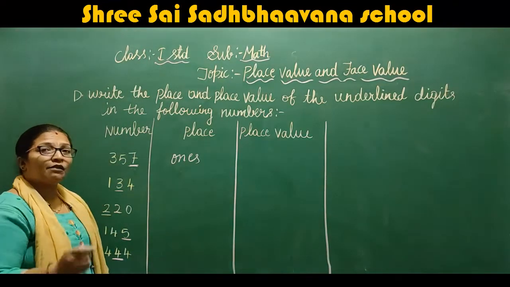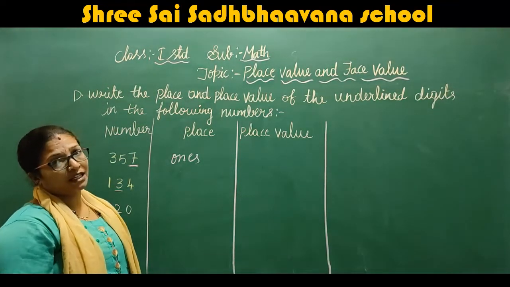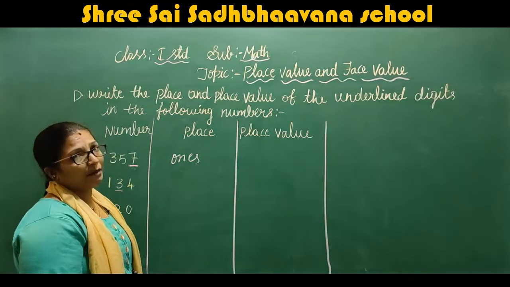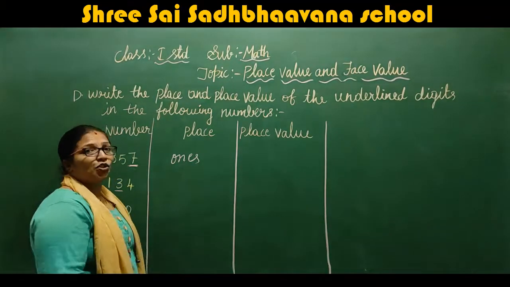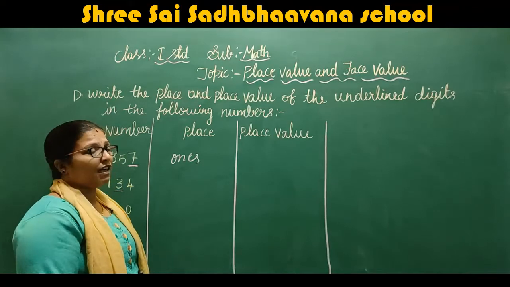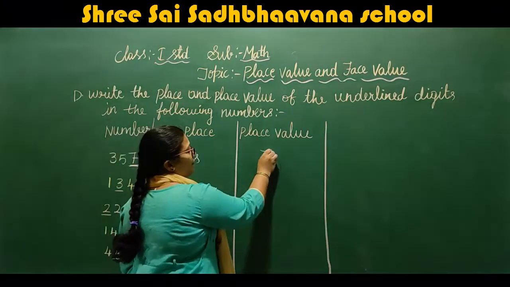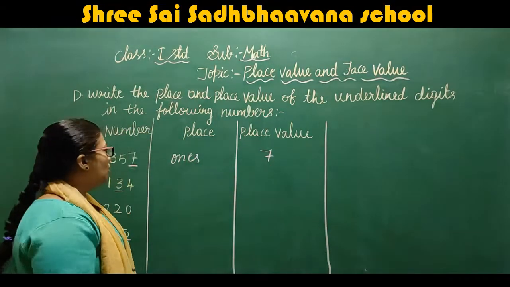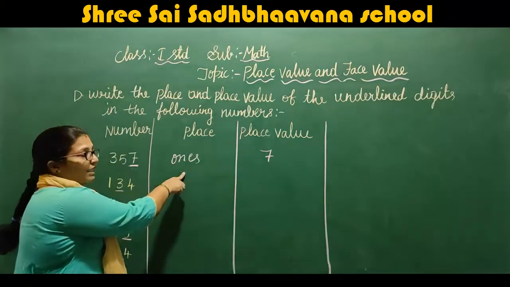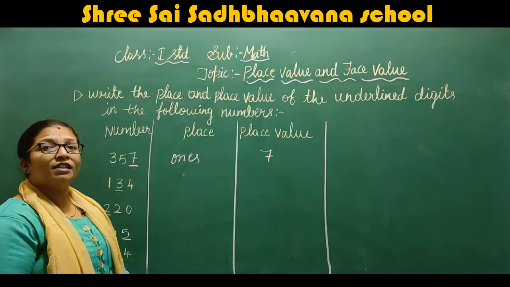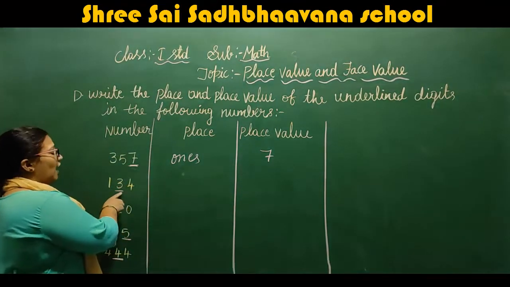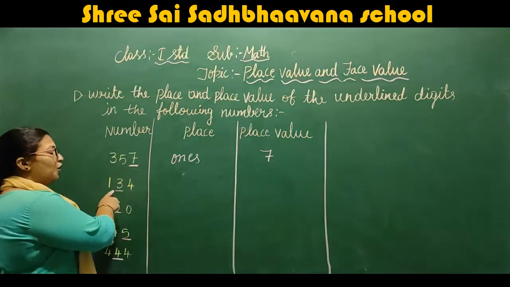So if a digit is in the ones place, what will be the place value? It will be the same, right? 7 into 1 is 7. 7 ones are 7. So the place value is 7. Next, 134.